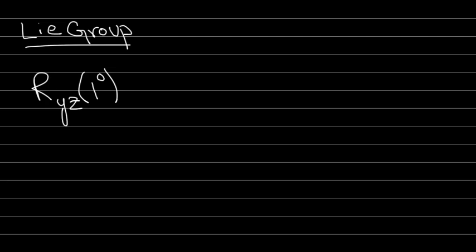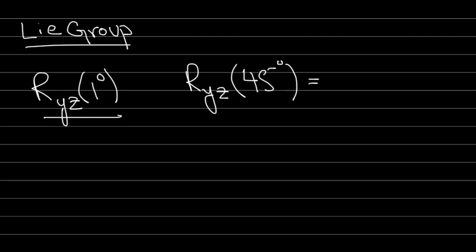Then we can certainly use this and build any integer rotation in YZ by simply compounding these rotations, or these operators. For example, let's say you want to perform a rotation in the YZ plane of 45 degrees, R_YZ of 45 degrees. Well, you can simply do that with this.